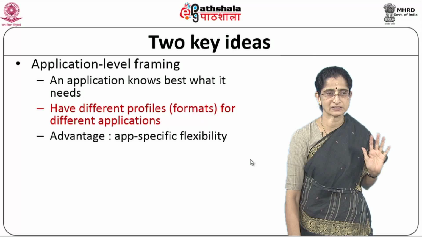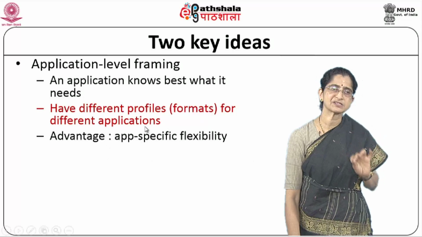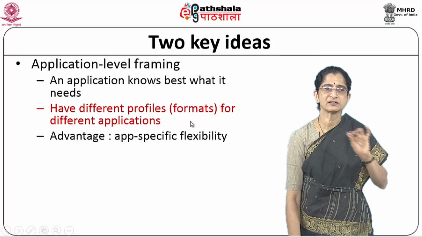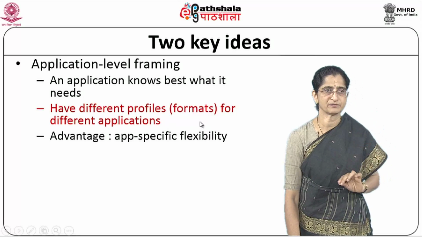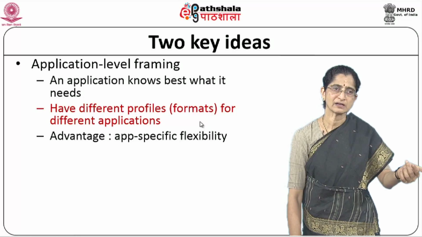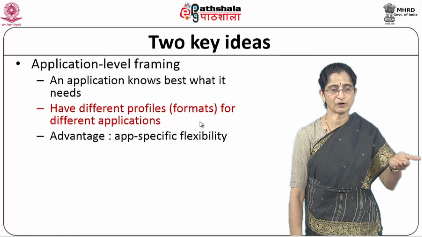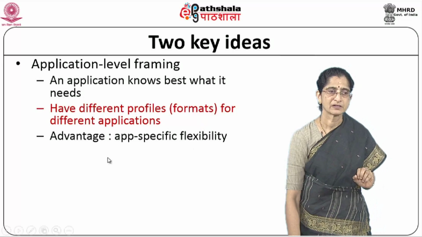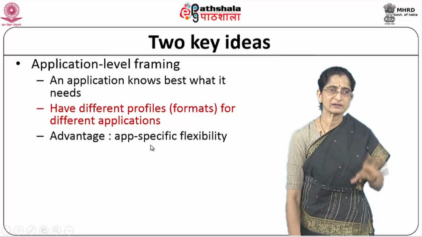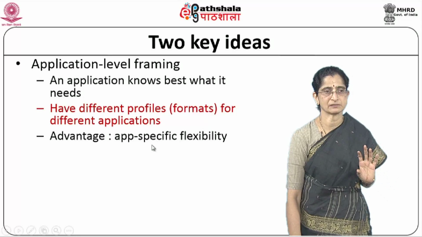So, let it decide for itself. Which means different applications can have different profiles, different formats. So, your protocol must be such that it can accommodate different profiles and formats depending on the application. So, the advantage basically is that you get application specific flexibility.